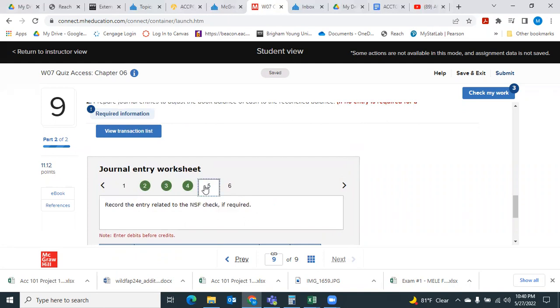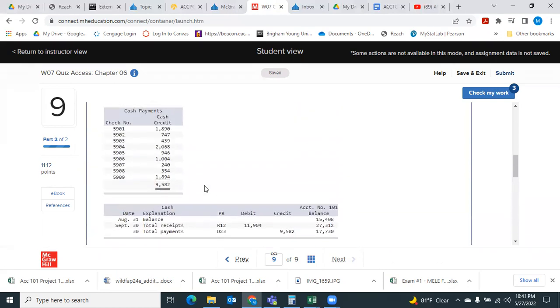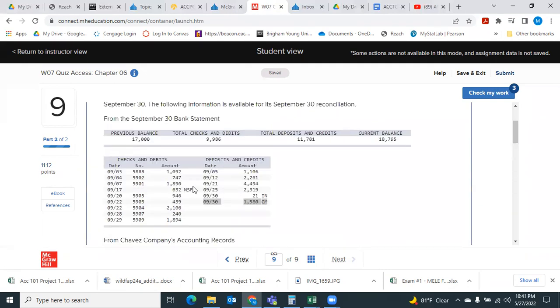All right, we'll go to 5. Record the entry related to the NSF check. So here, if you remember, like I said before, this was someone wrote us a check for $632. And now we found out that they didn't have the money. So this money that we would have entered as a payment into our account, we have to take it back out.